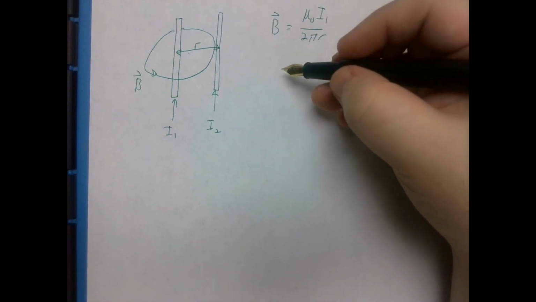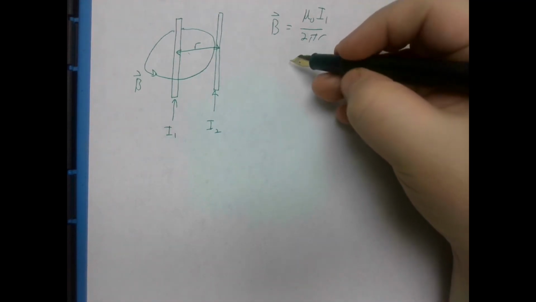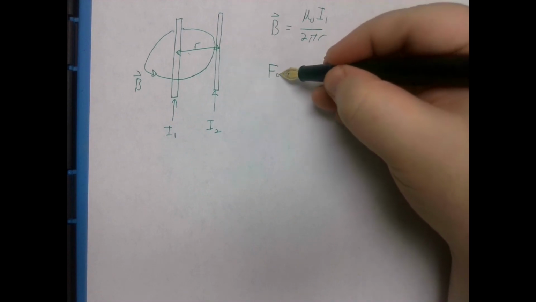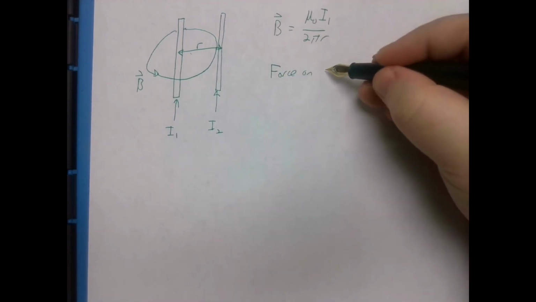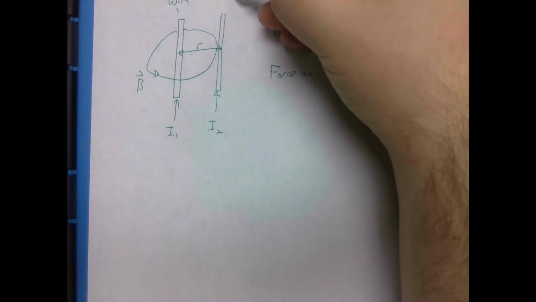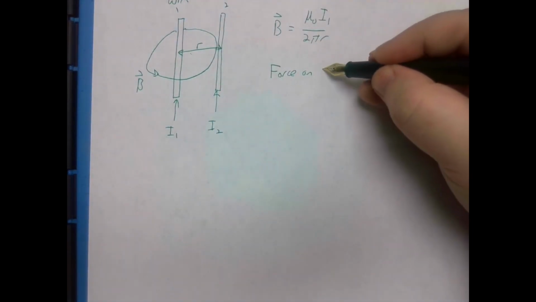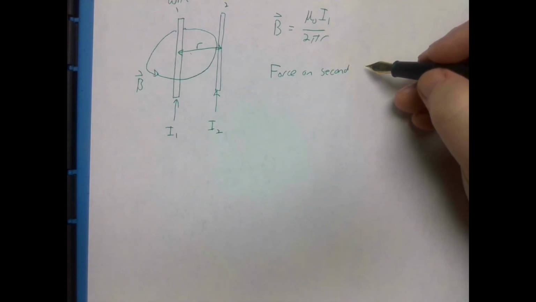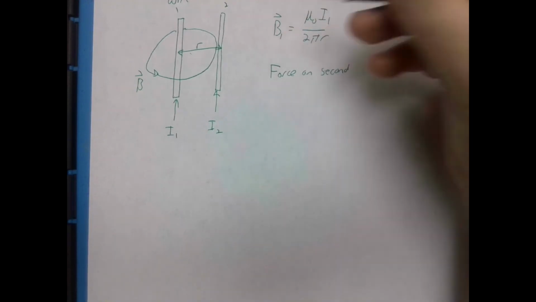I'll go ahead and give you the solution. The force on the second wire, so this is wire 1, this is wire 2. I'll call this B1.